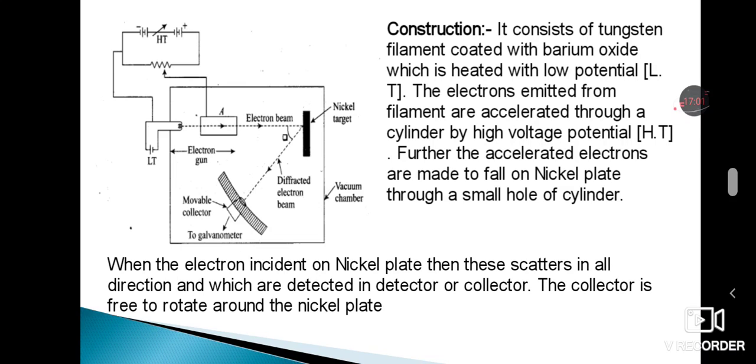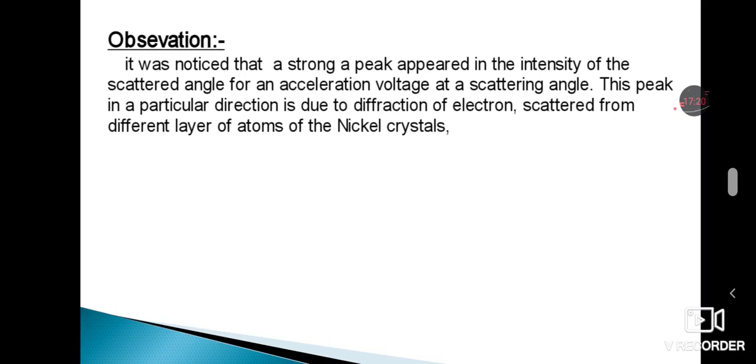When an electron is incident on the nickel plate, it is scattered in all directions and is detected by the detector, or collector. The collector is free to rotate around the nickel plate; that is, it is a movable detector. So what are the observations here?